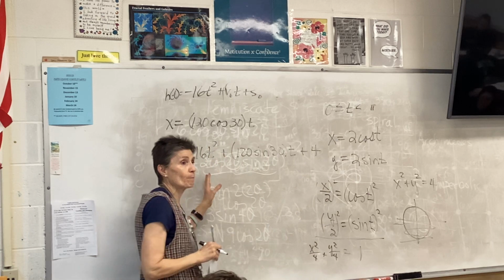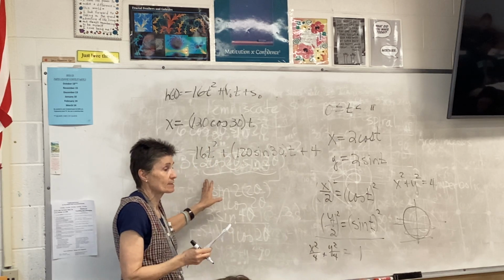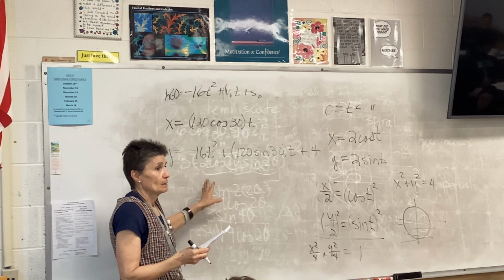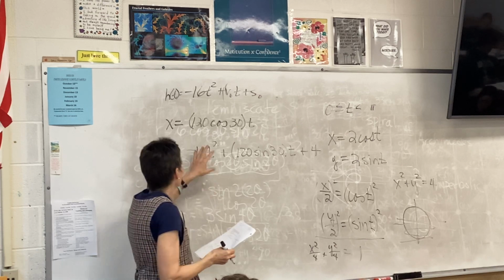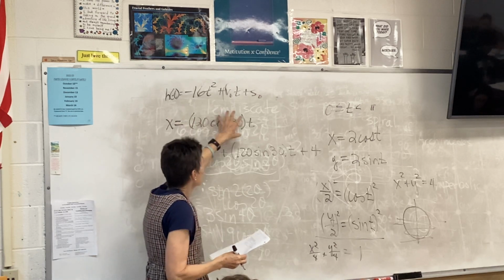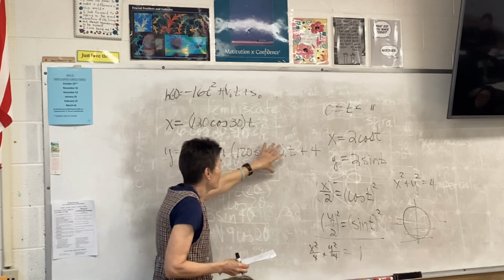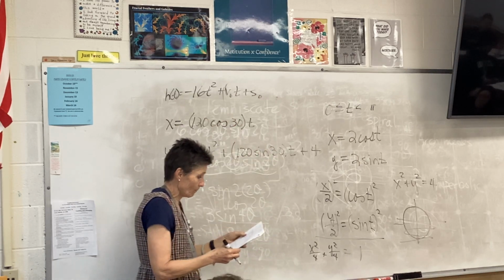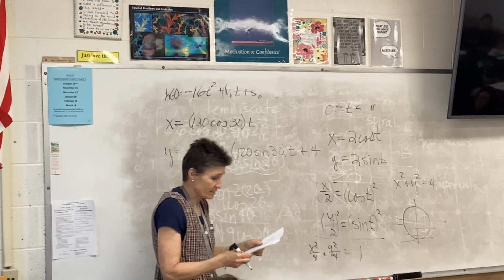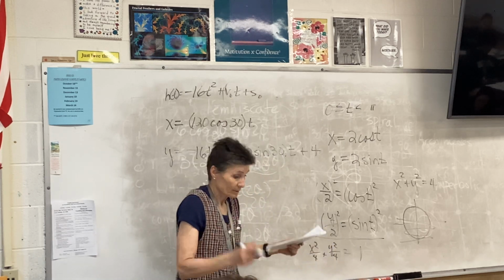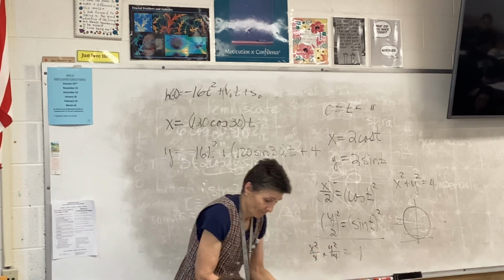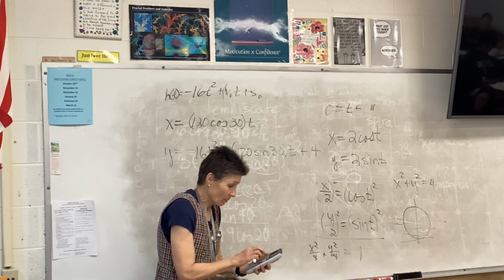So here are our parametric equations. My x has been altered and my y has been altered. All right, so here we go. Does the ball clear the fence? Did you graph it? And what does it look like when I graph it?